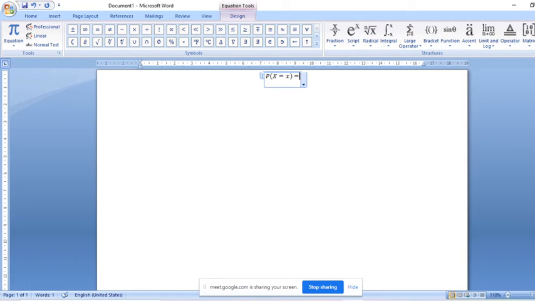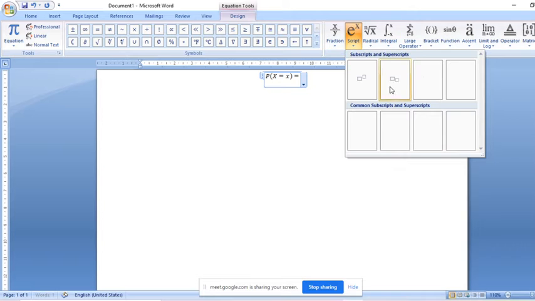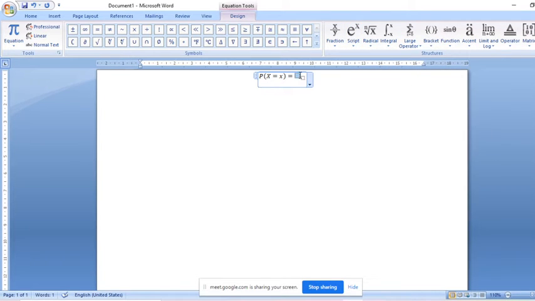It is 5 choose x, theta raised to x into 1 minus theta raised to 5 minus x.